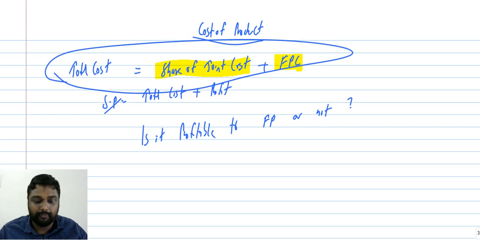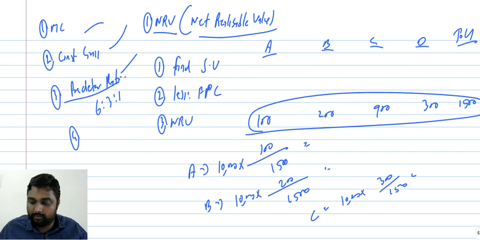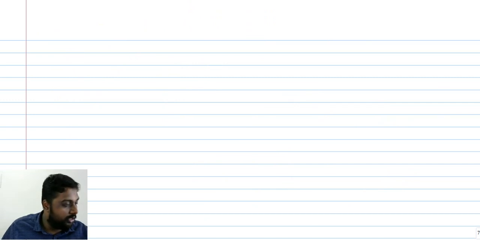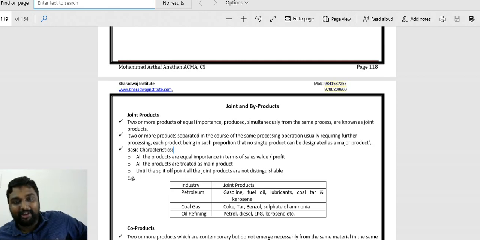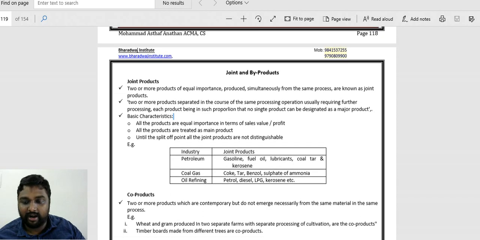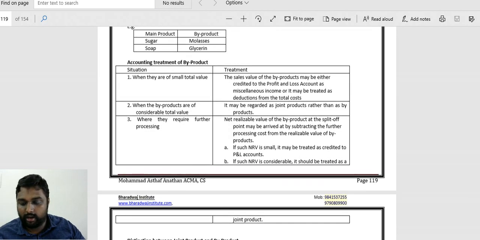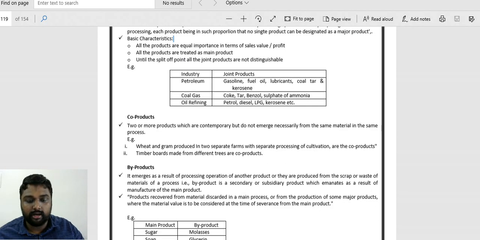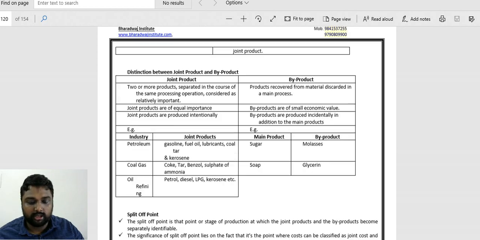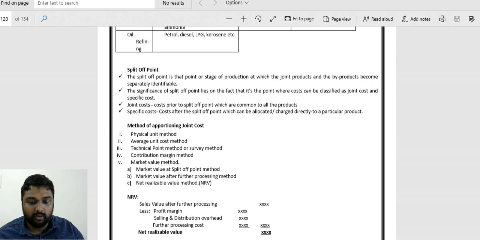Shall we start? Good. So we'll take your material. Page number 119. You can find the theory part. So please read the theory part. You can pause the video and read it. Byproduct, all those things are discussed here. Split off point, physical unit. We have already discussed physical unit.